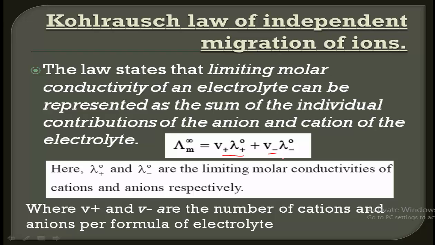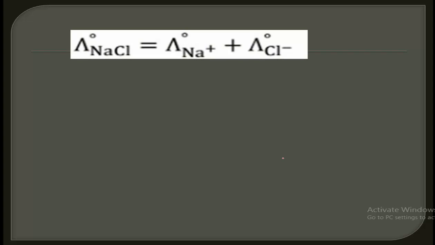So how to find the limiting molar conductivity of the electrolyte, that we will study. Before going to that, here we will see some examples. Lambda naught NaCl is equal to lambda naught Na plus plus lambda naught Cl minus.